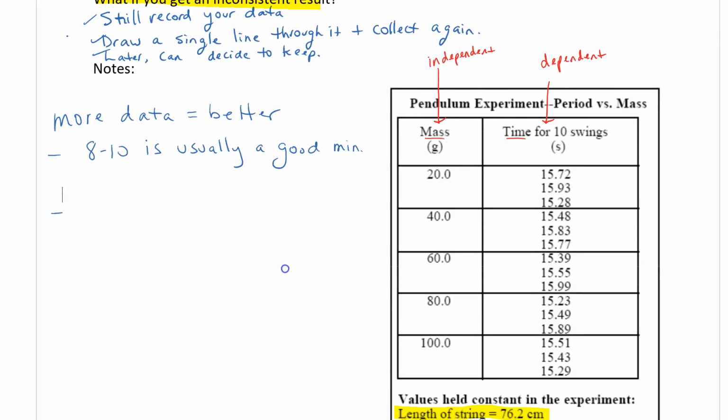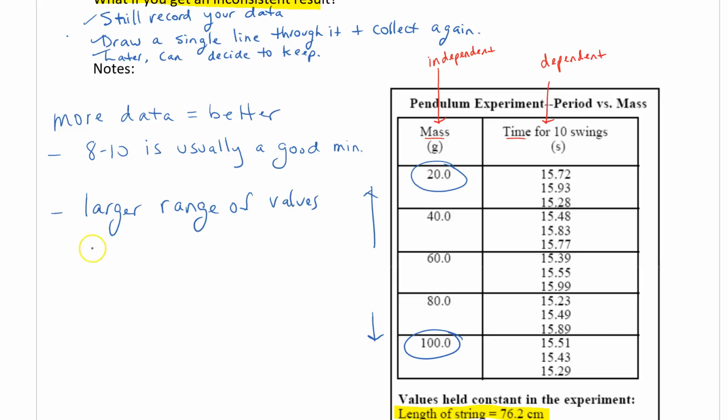Another one is the range of values. So the lowest amount here was 20. The biggest amount was 100. So this is the range that I'm talking about. Okay, so a larger range of values for the independent variable is better too.